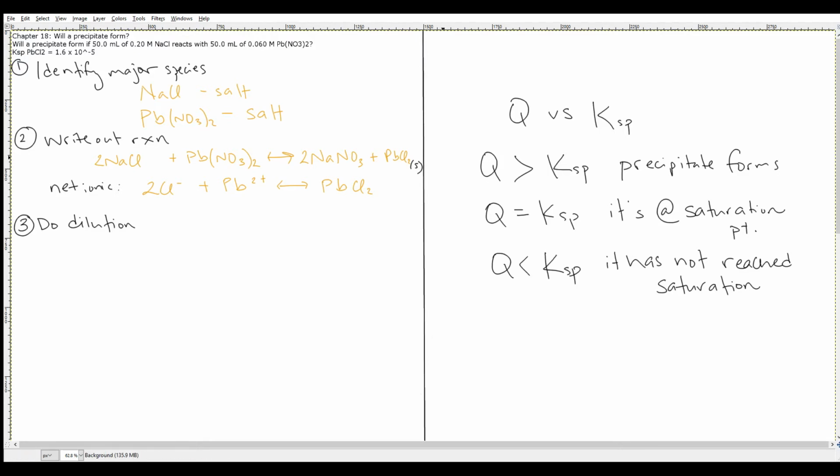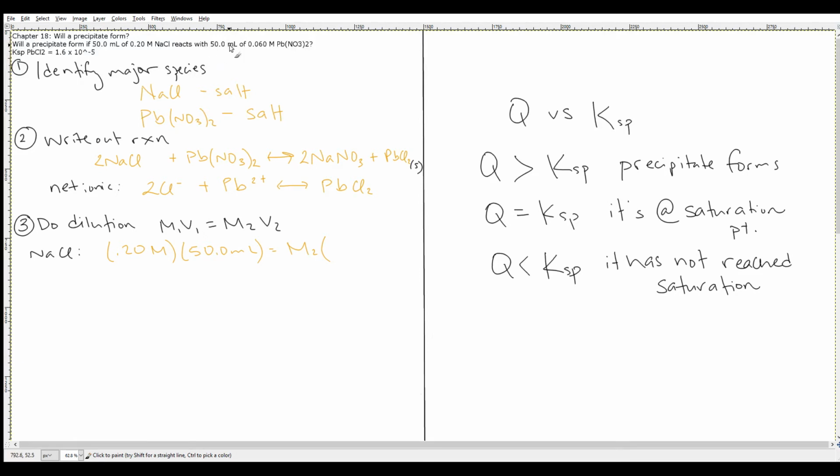So I'll do this twice, once for each compound. And for both of them, I'm using M1V1 equals M2V2. For our sodium chloride, we know it starts out at 0.20 molarity and 50 milliliters. I'm trying to find its new concentration and its new volume. Let's make sure we get the right number here.